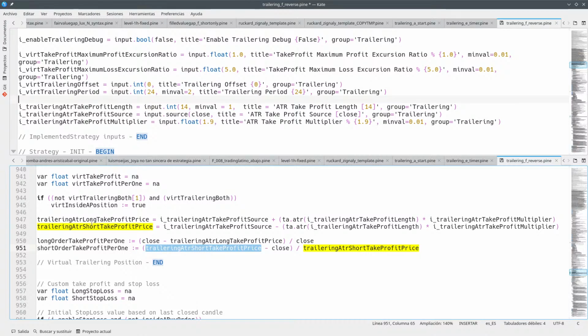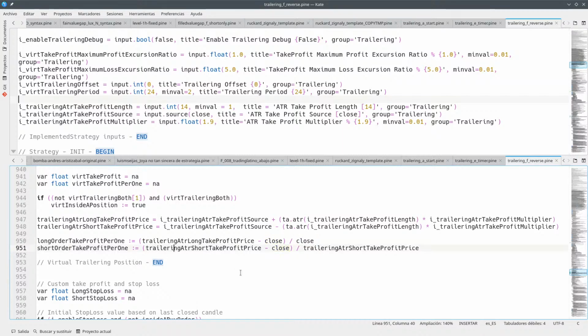Okay, so this is the take profit, which is higher, so this should be like this, minus close. Is it like that? So we have 120 minus 100 times 100. Yeah, that makes sense.